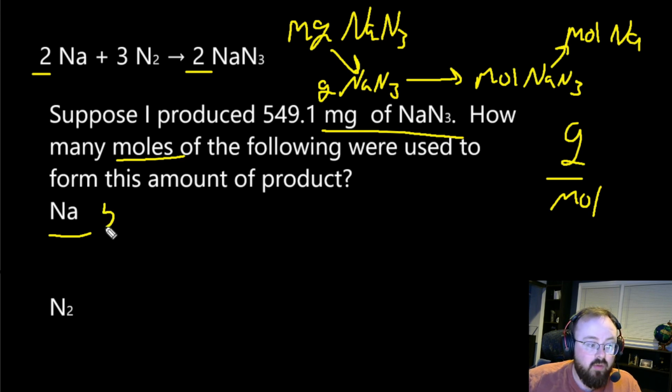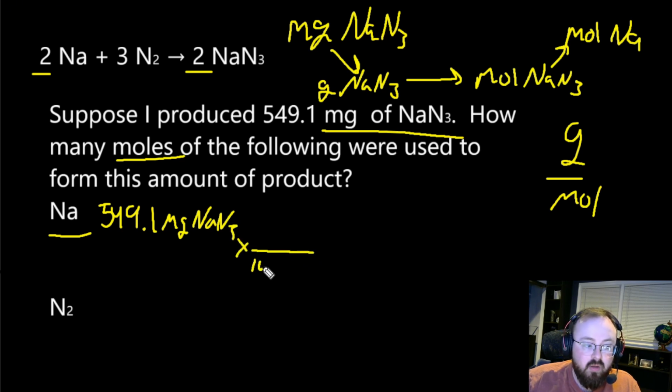We're starting with 549.1 milligrams of NaN3. And we first have to convert this into grams, and 1,000 milligrams is 1 gram. That gets rid of my milligrams. Alright, good. We're now in units of grams.